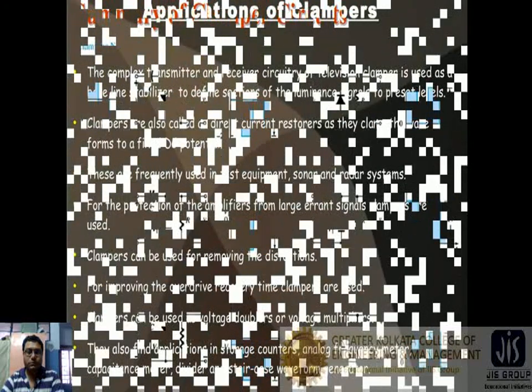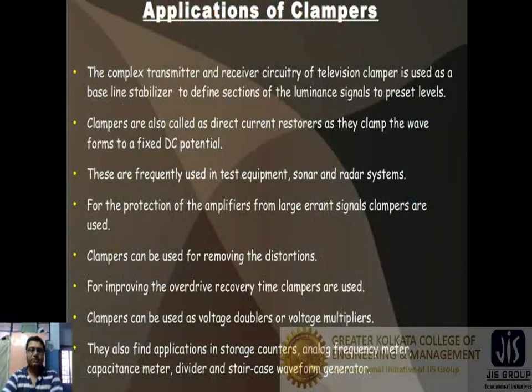Now we come to the applications of the clamper circuits. In the complex transmitter and receiver circuits of television, a clamper is used as a basic bias line stabilizer to define the selection of the luminance signals of the presence level.